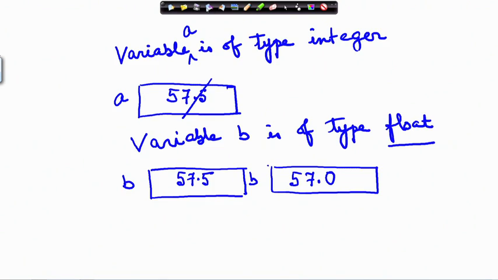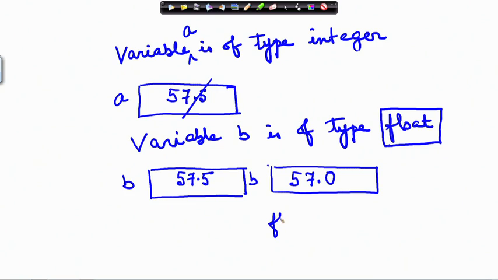Now, if you come here, you will see that I have written float and I did not write floating point number. In C, in order to specify a variable to be real, we declare it to be float, say P, Q, semicolon. That means P and Q are two variables of type floating point number.